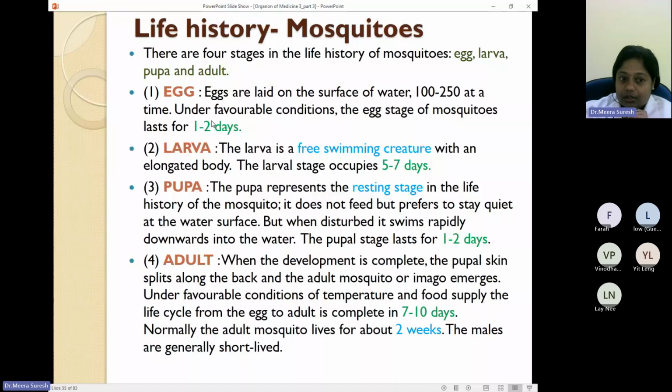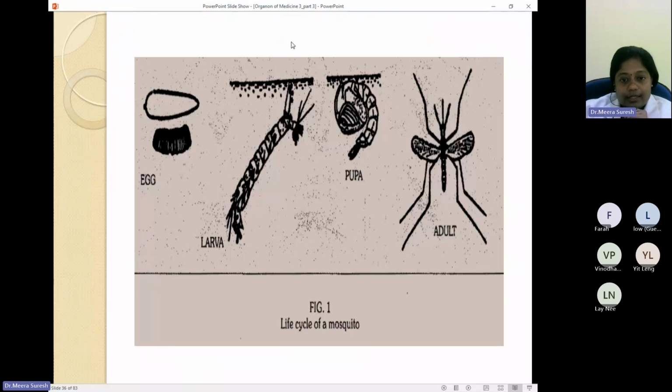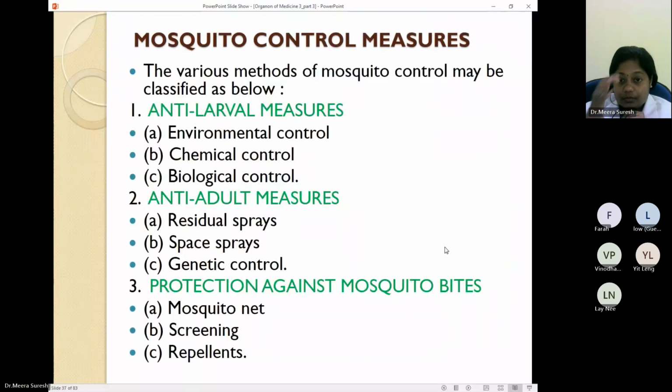That is why we are learning the stages, where we find them, and also the days, so we know how frequently we need to repeat the control measures. Only if we know the life cycle and the duration can we apply those. So these are the stages: the egg, the larval, the pupal, and the adult stage.